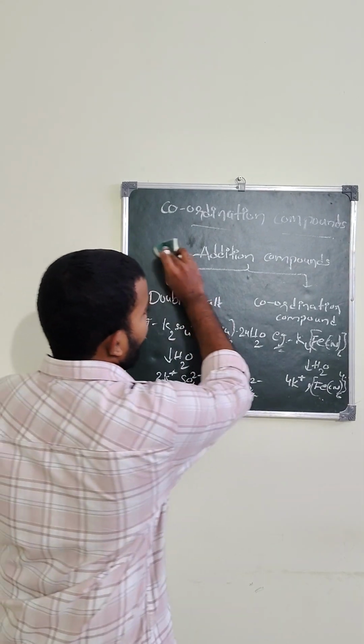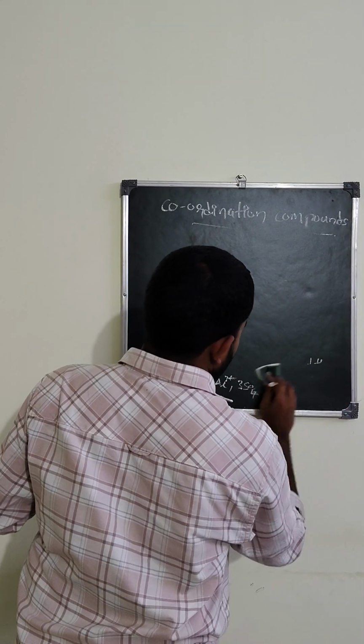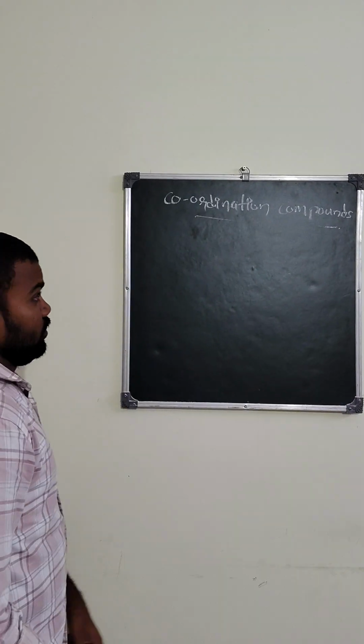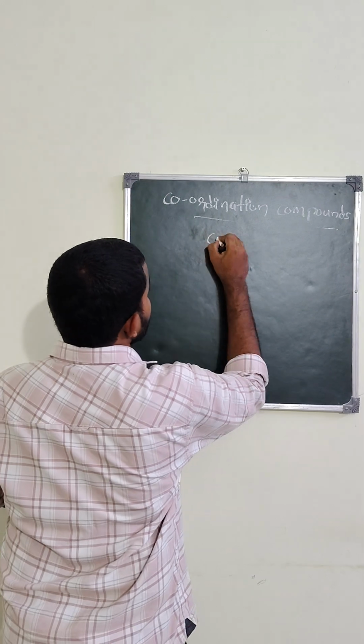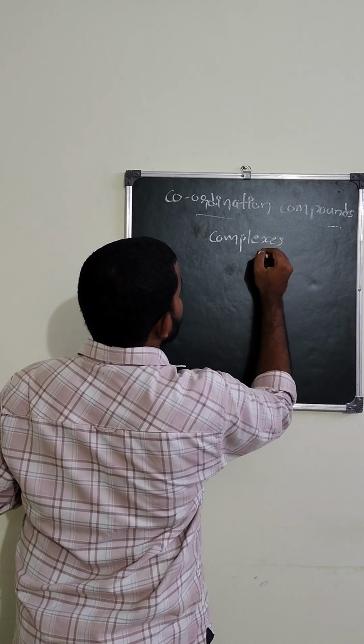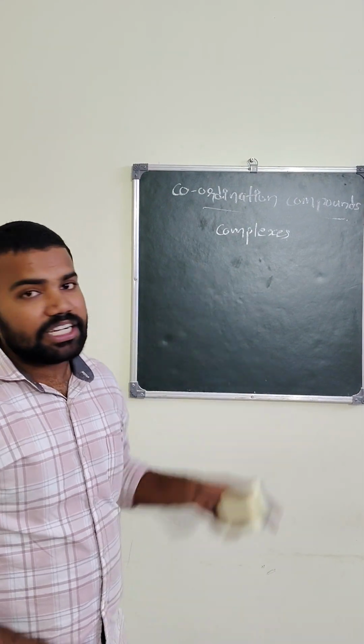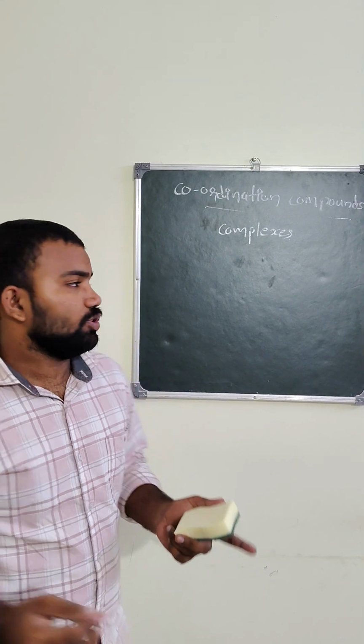Okay. Now I am explaining the different types of complexes. Generally, complexes are divided into three types based on charge distribution.